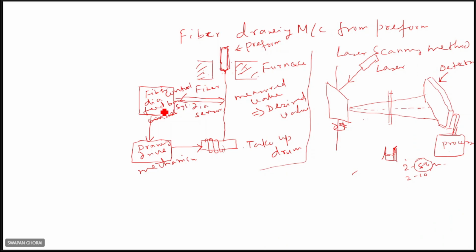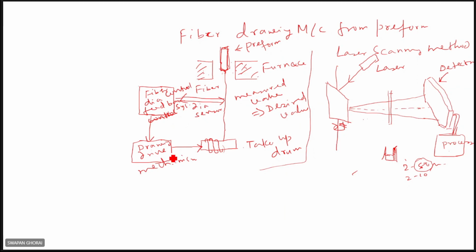Immediately after the diameter measurement, a signal is generated to adjust the speed of the drum. The speed adjustment is required so that the diameter obtained is equal to the desired diameter, right?